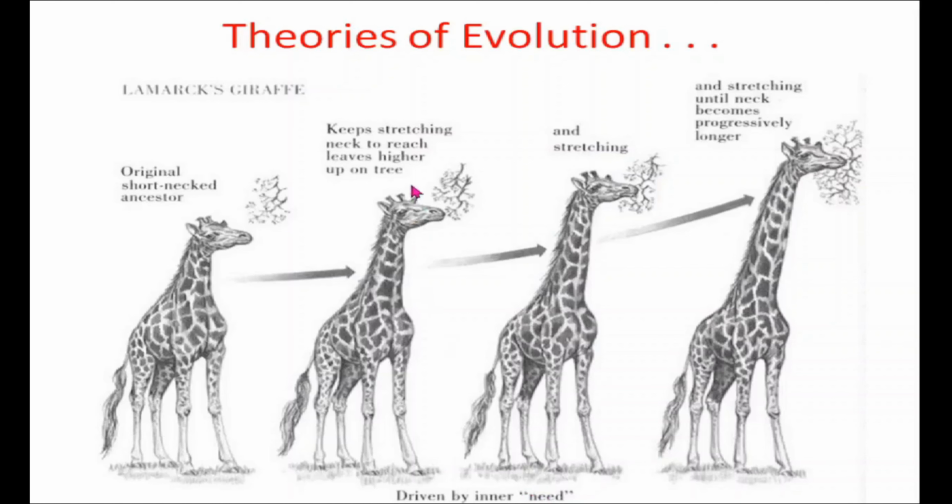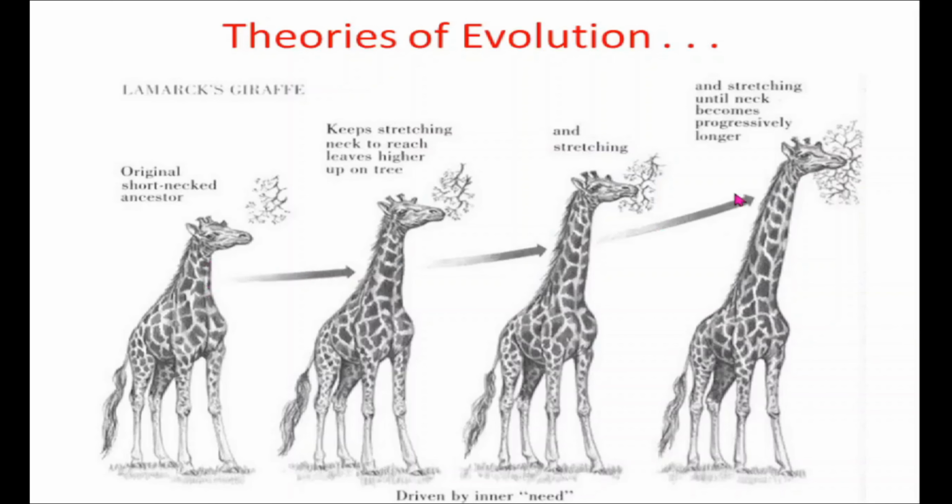Okay, this is not the case today. The giraffe keeps stretching its neck to reach leaves higher up on the tree. Then you can see, compared to this one, this reaches to the top of the tree by stretching, until the neck becomes progressively longer. You can compare this neck with this one.